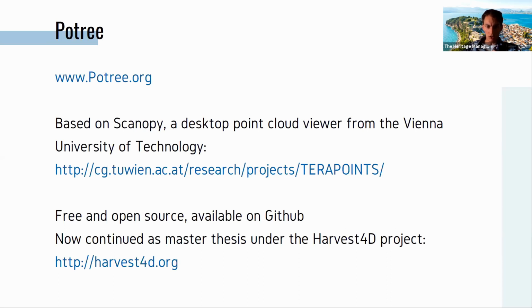So a more general point cloud viewer like CloudCompare, for example. And it's totally free and open source, available on GitHub. So you can just download it. And there are some pre-compiled installers available for Windows users. So if you're a Windows user, you can just take the executable, as what we will do in just a few moments.